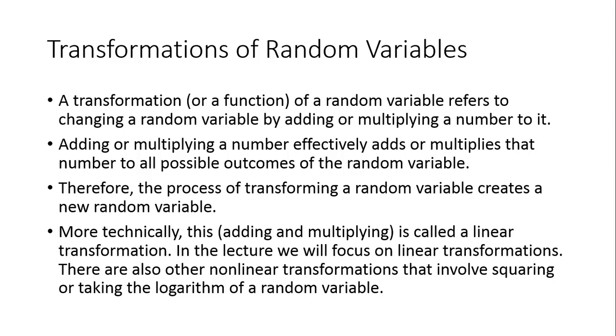Adding or multiplying a number effectively adds or multiplies that number to all possible outcomes of the random variable. So if the random variable can take the numbers 1 through 6, like in a die roll, and I multiply by 2, I multiply every possible number by 2.